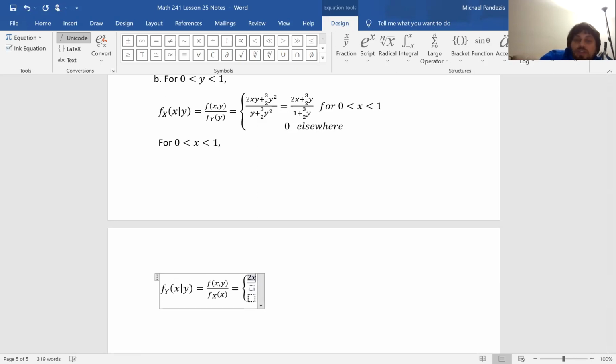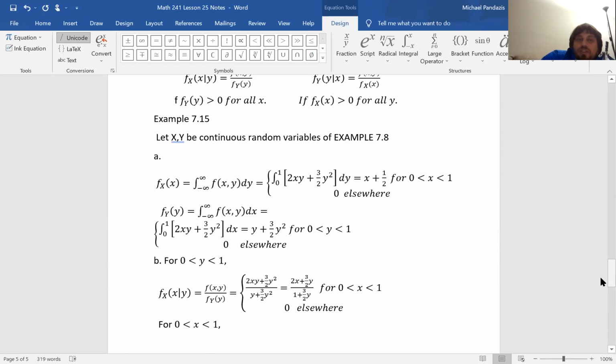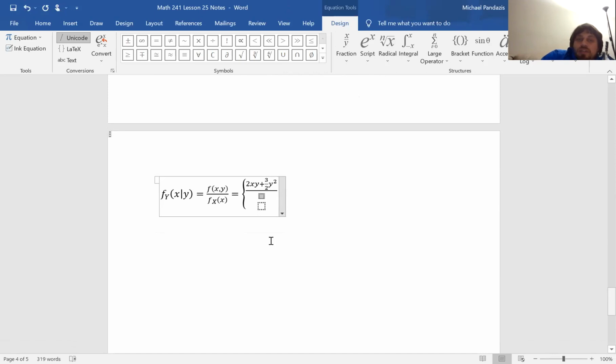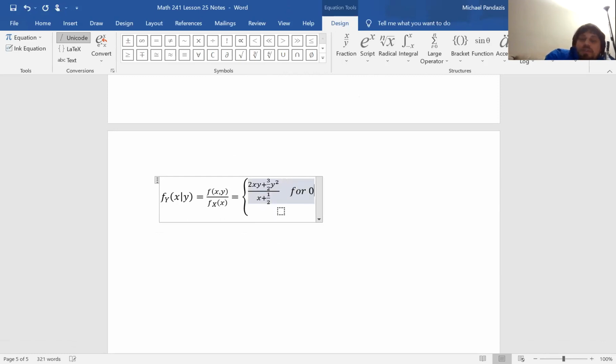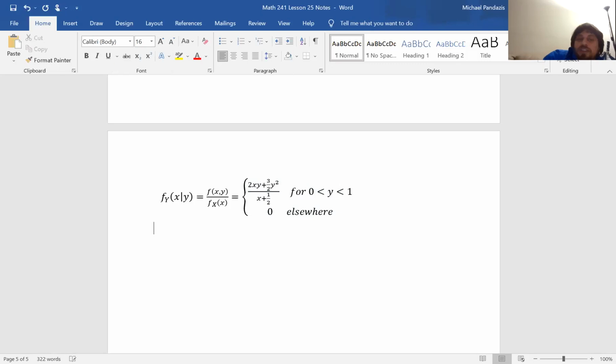In the numerator, it's 2xy plus 3/2 y squared. In the denominator, it's f sub x of x, which we found. F sub x of x is x plus 1/2. So in the denominator, you have x plus 1/2. And this is for 0 less than y less than 1, and it's 0 elsewhere. Okay, so now we found it for y between 0 and 1 and for x between 0 and 1.